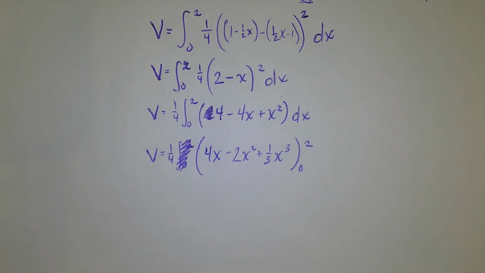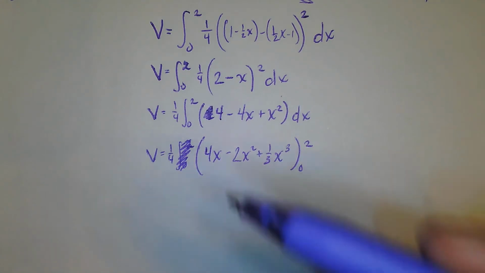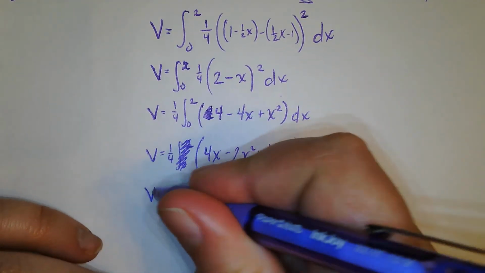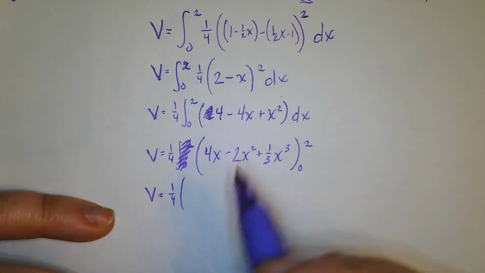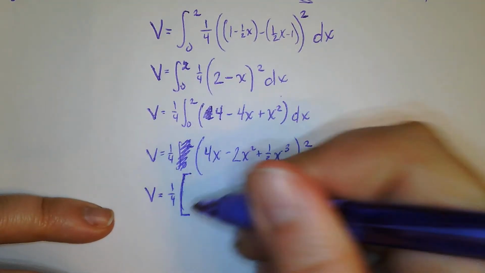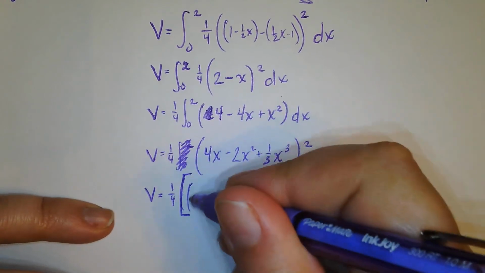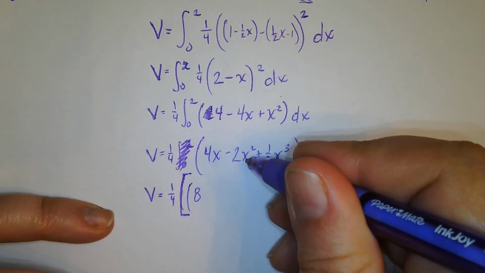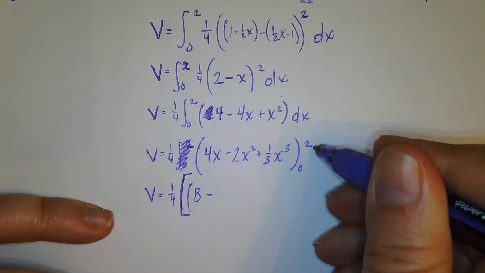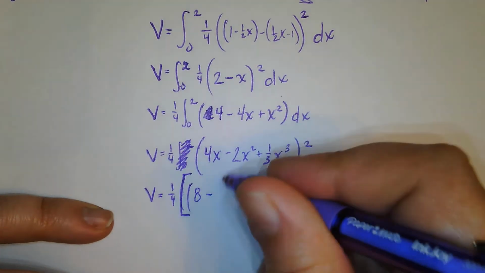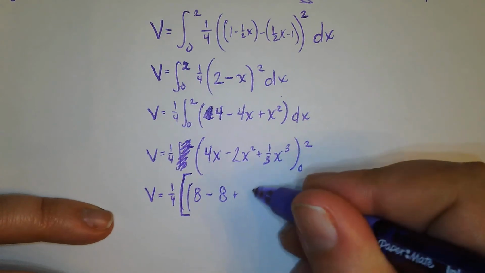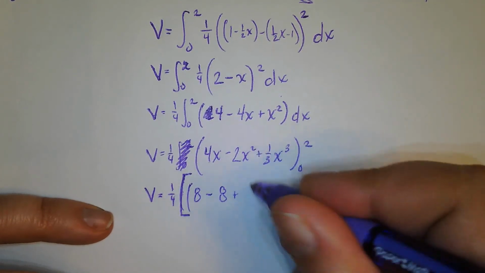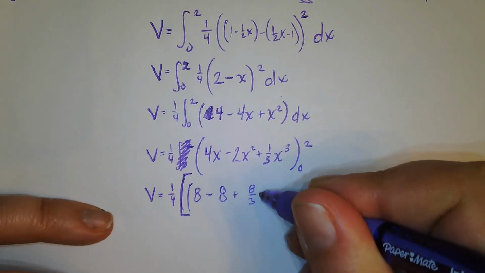All right, that's now enough for us to do everything. 1/4, and let's plug in the 2 first. 4 times 2 is 8, minus 2 times 2 squared. 2 squared is 4, times 2 is 8. So 8 minus 8 plus 1/3 times 2 cubed. 2 cubed is 8, times 1/3 is 8/3.